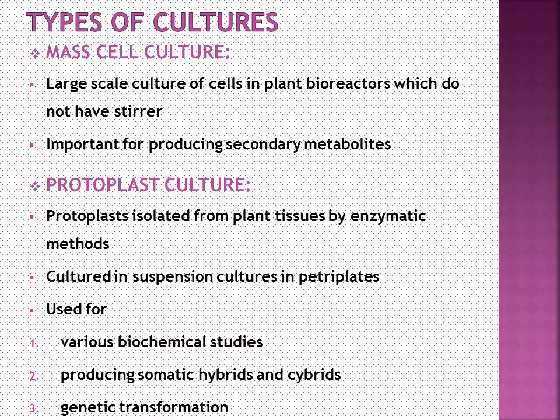Let's look at the difference between hybrid and cybrid. In case of hybrid, when you take two protoplasts of parents of different genotypes and fuse them, both the cytoplasm as well as the nucleus will be fused. But in case of cybrid, only one of the nuclei will be retained and the cytoplasm of both the protoplasts will be maintained.